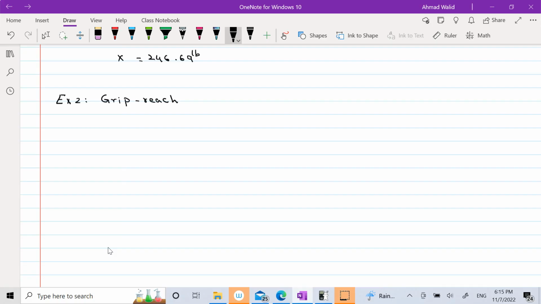The grip reach for women is normally distributed.